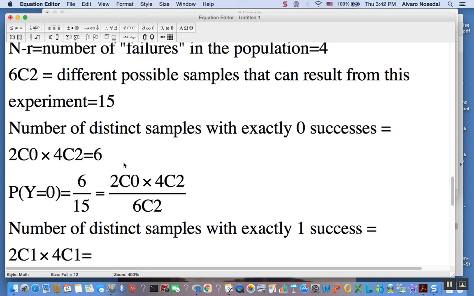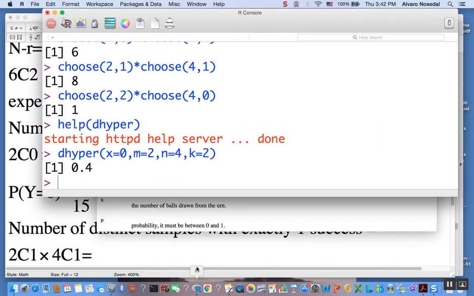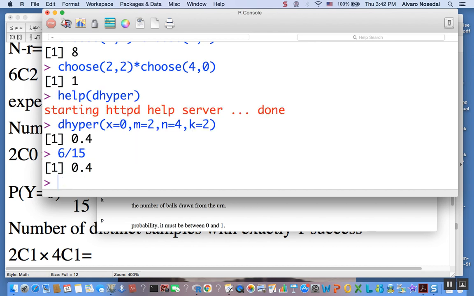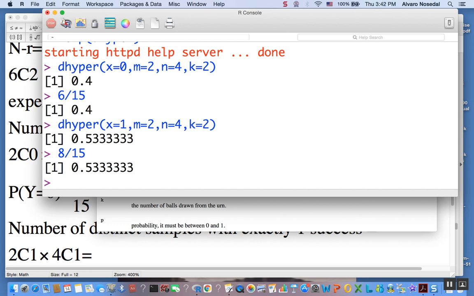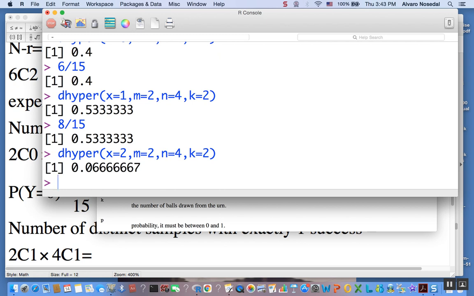Let's go back to our probability distribution. 6 divided by 15, right? That's the same as 0.4. And we can find the next one, which is 8 divided by 15. Then the last one, which is 1 divided by 15.